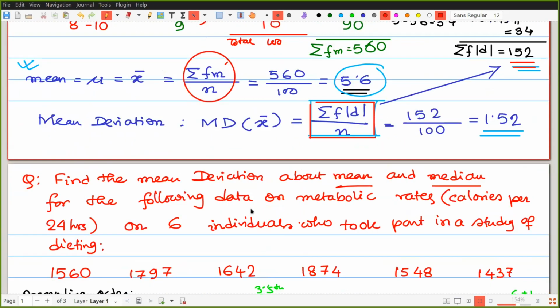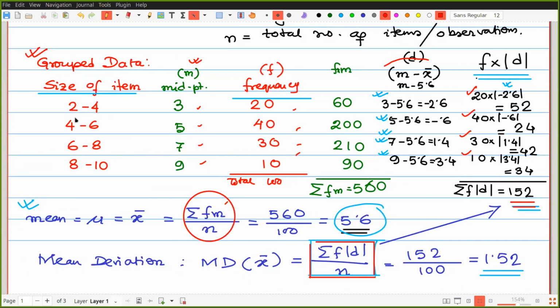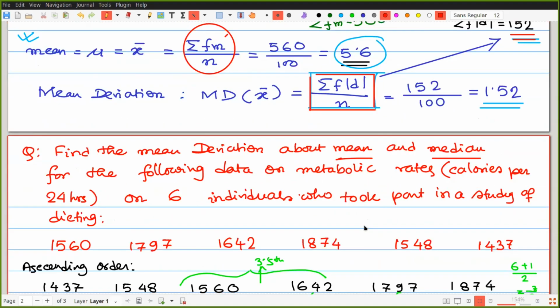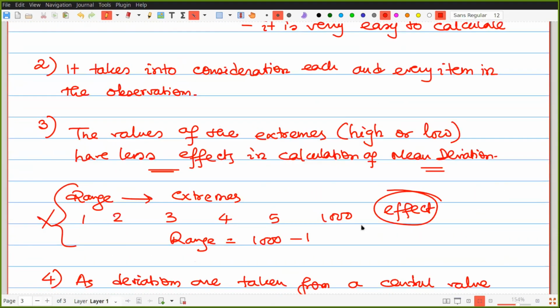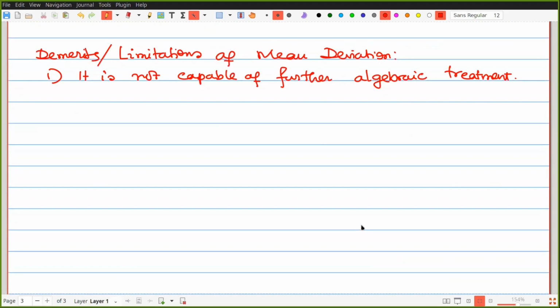Same as if that is group data, if any item's frequency is wrong, any midpoint is wrong, any mean calculation is wrong, we cannot start from that position. We have to calculate each and every item from the very start. So that's why it is called not capable of further algebraic treatment.